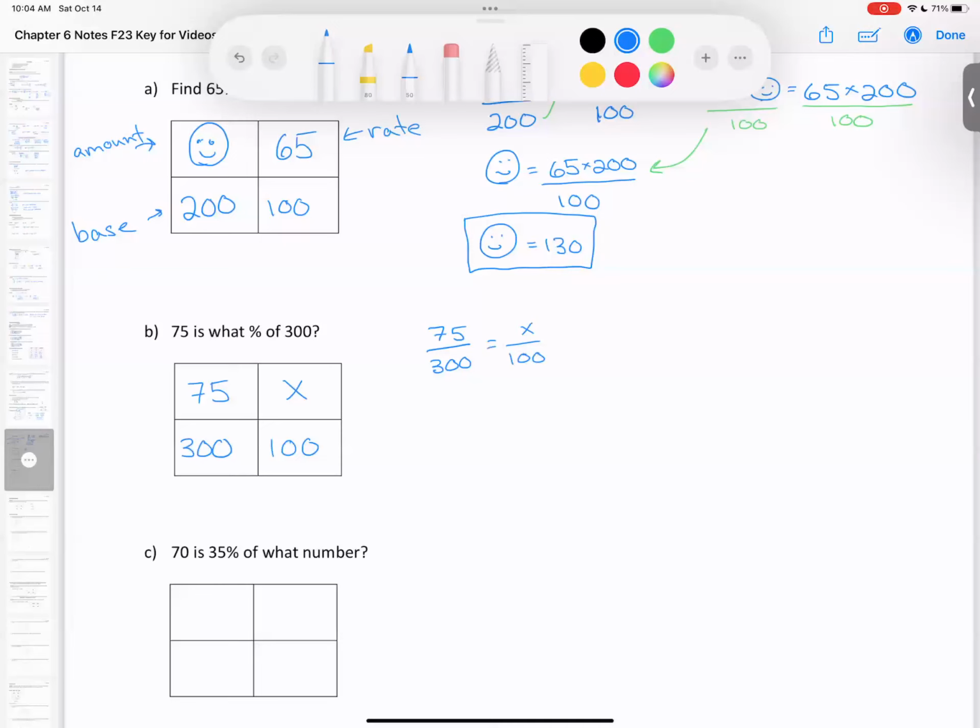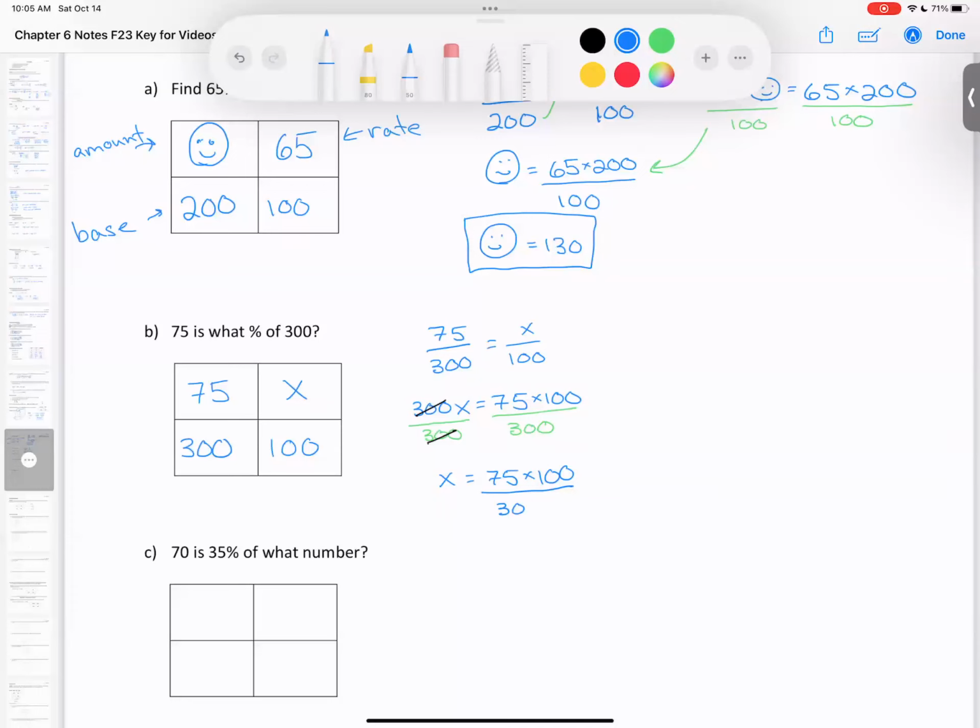Okay, so I'm going to do this one using the cross product method. So I'll get 300 times x equals 75 times 100. And now I have 300x. I want to know what a single x is. So I'm going to divide both sides by 300 because I know if I do that, my 300s are going to cancel out. And I'm left with x equals 75 times 100 over 300.